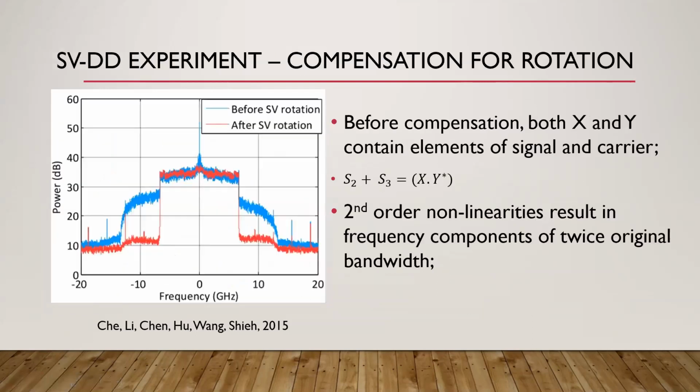An interesting thing about their findings is this is the frequency spectrum of the received data both before and after the rotation compensation. The blue part here is before compensation for rotation and the red is after.